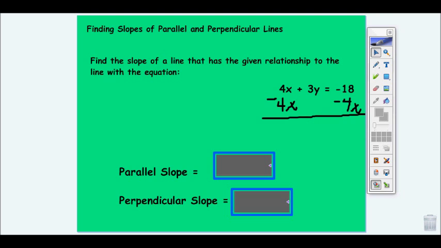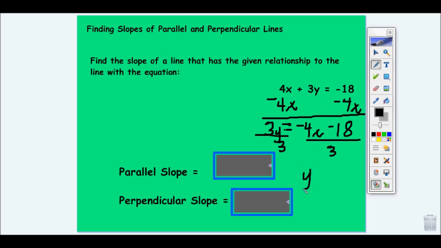So I'm going to rewrite this as 3y equals, remember I'm going to put my x term first, and now you should understand why we were practicing that, negative 4x minus 18. Now I need to solve for a single y, so I'm going to divide both sides by 3.